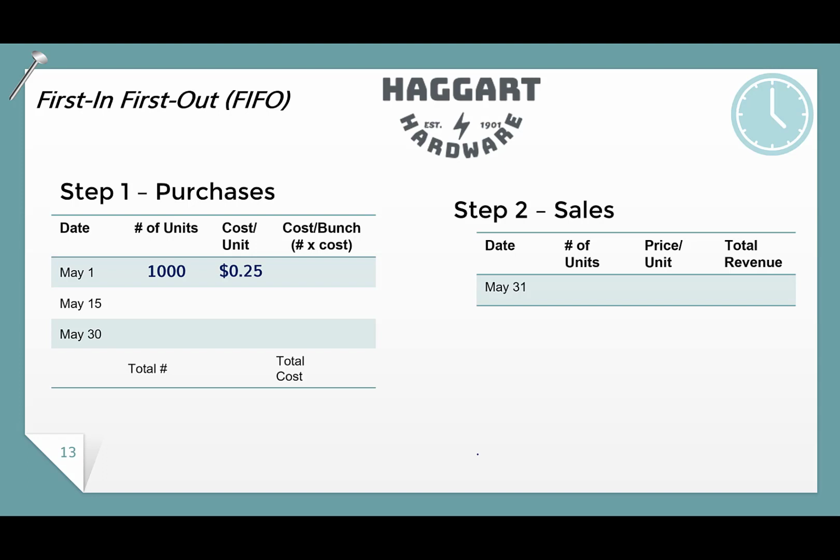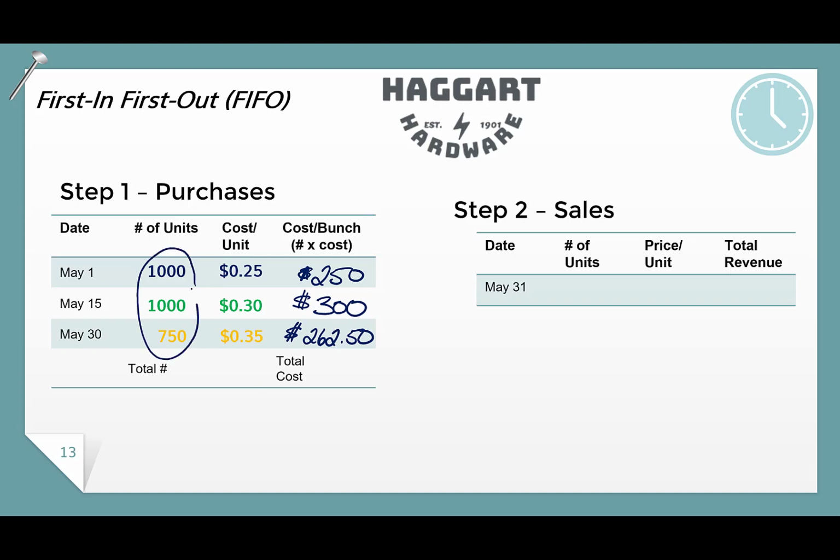We have the May 1st purchase of 1,000 nails at 25 cents a pop. So the cost of that bunch of nails is $250. Then we have the May 15th purchase, which is another 1,000 nails, equaling $300. And on May 30th, the 750 nails purchase at 35 cents each, which works out to a less round number, $262.50.